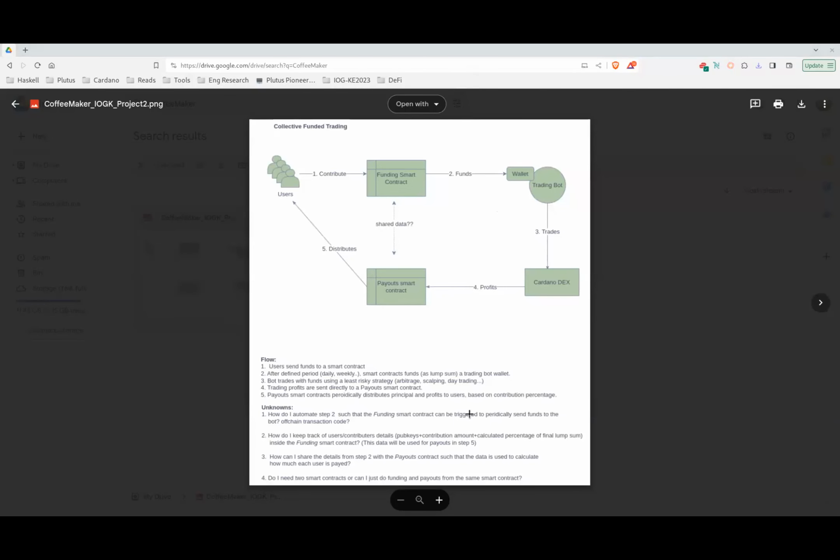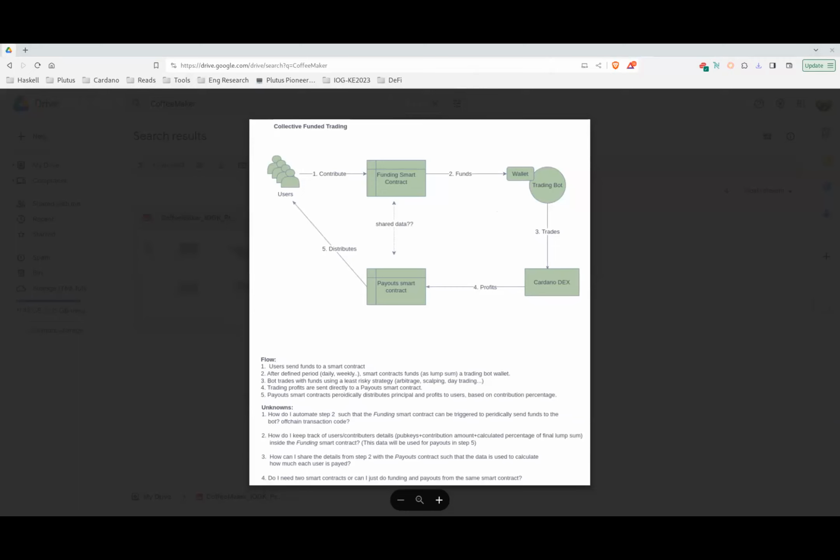I can see the diagram. Right. So this is the idea. Step 1, users contribute. That's the funding smart contract. Step 2, after some period of time, let's say a day or a week, the funds are automatically sent, probably by an off-chain transaction, to a trading bot which has a wallet.